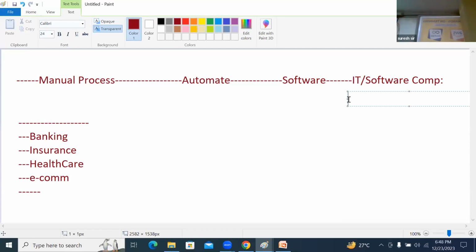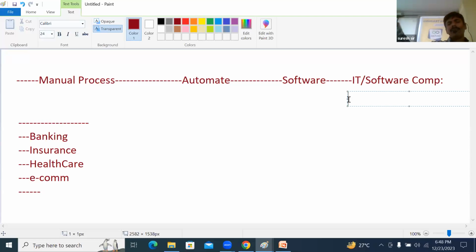Once you visit any IT company for the software, what is the first question you can expect from the IT companies? You went to the IT company for the inquiry. Now that IT company people, what is the first question they will be asking?